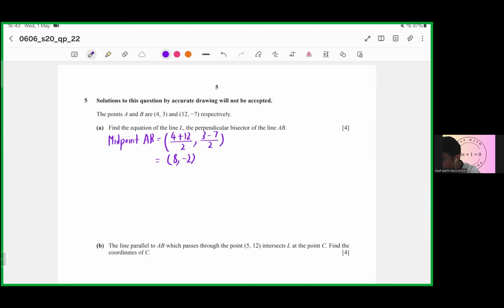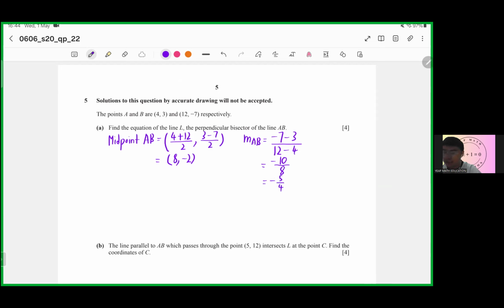After that, we need to find the gradient. Negative 7 minus 3, over 12 minus 4. We get negative 10 over 8, which is negative 5 over 4.